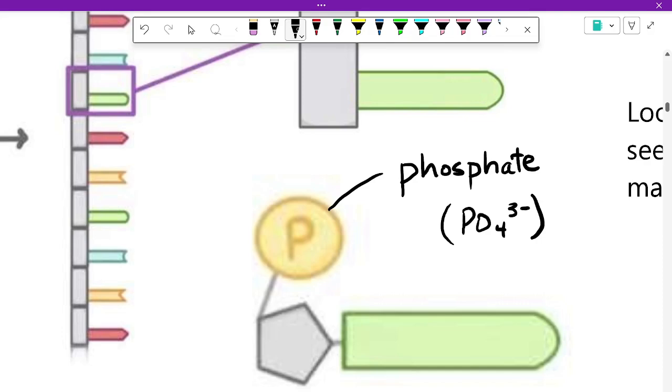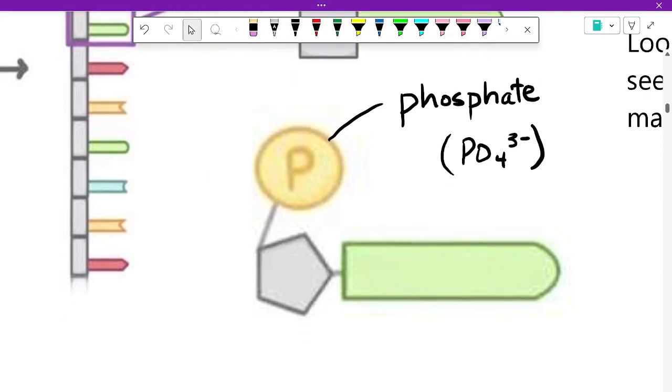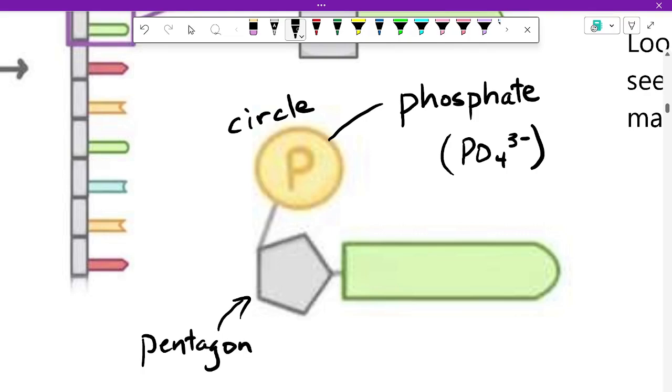Okay? And we usually represent the phosphate with a circle. What shape do we have here? How many sides on that shape? 5. So what type of a gon is that? That is a pentagon. And that pentagon is the sugar.